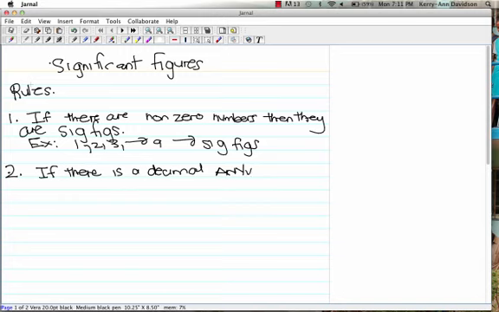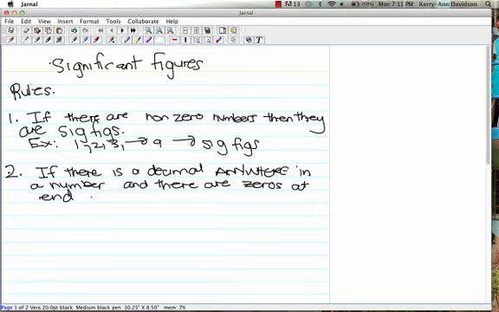When I mean anywhere, I mean anywhere in a number, and there are zeros at the end, because those zeros are the problem, okay? So we're going to talk about a bunch of zeros from now on. At the end, then there are Sig Figs. They're significant. What do I mean by that?